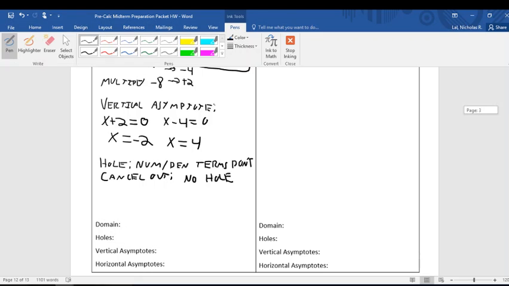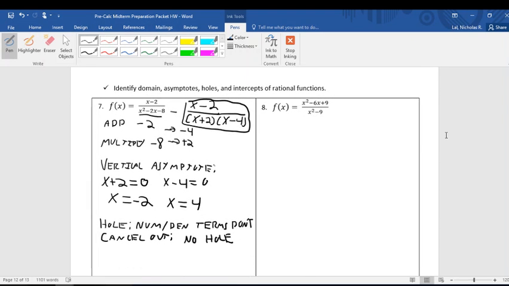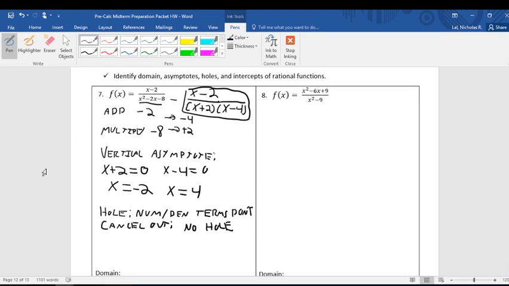The horizontal asymptote, you're going to look at the end behavior. Sorry, the horizontal asymptote is y equals 0.